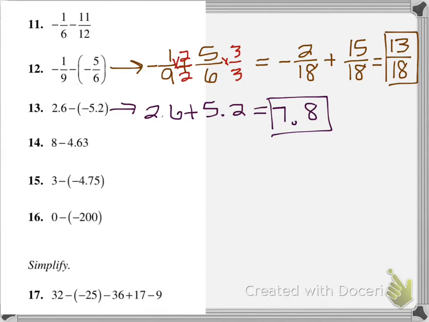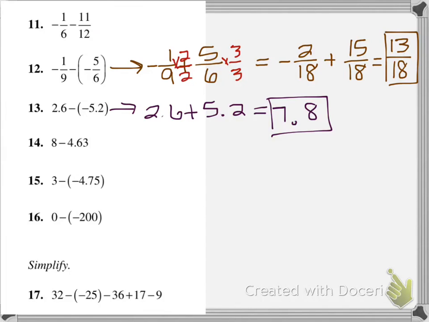So again, the rules, whether they're fractions or decimals or integers, are all the same. If it's a negative plus a negative, it stays negative. If it's a positive plus a positive, it stays positive. If one's a positive, one's a negative, it's whatever the sign of the larger absolute value is, but you have to actually subtract. And again, these are all subtraction problems to start off with, but we're rewriting them as addition problems by adding the opposite.